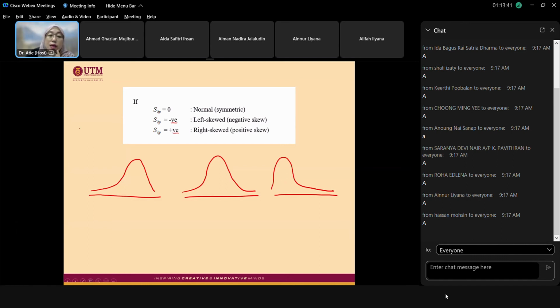So one of the ways to check is to draw the data set, and then we look at the shape, right?